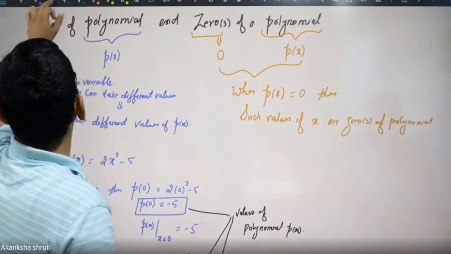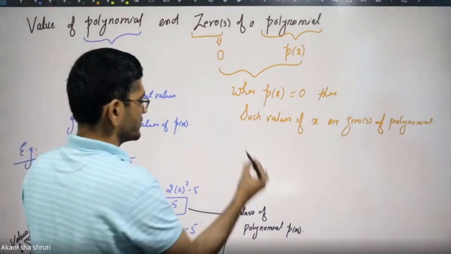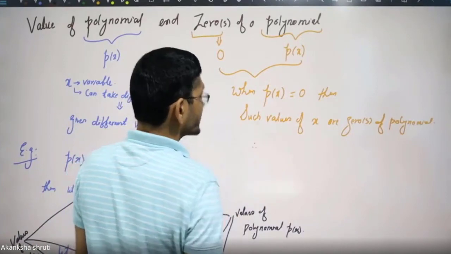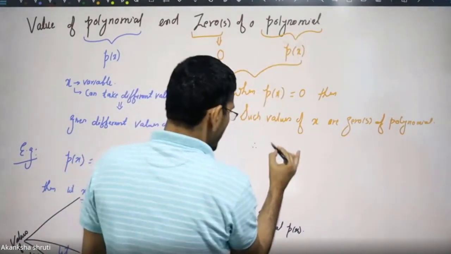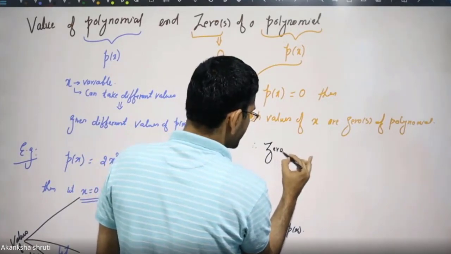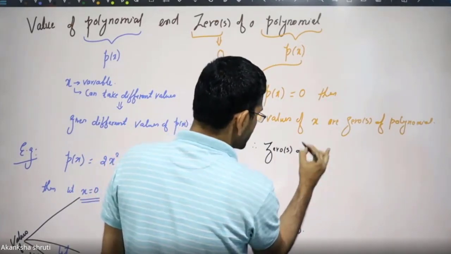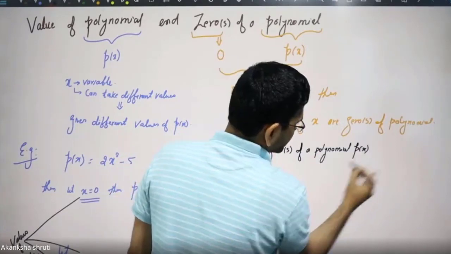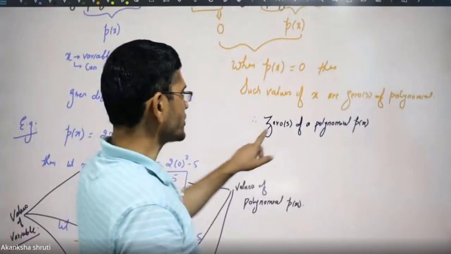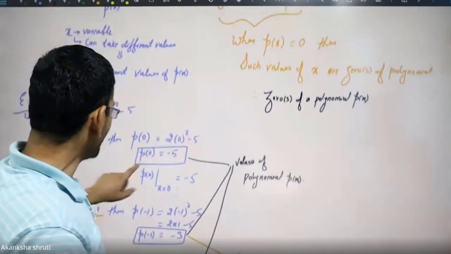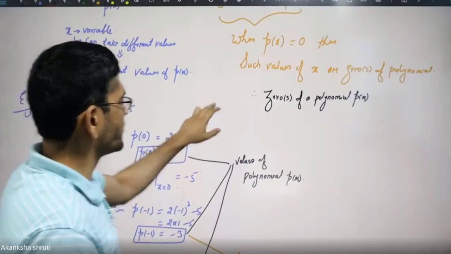So write down the definition now. Zeros of polynomial. Zero or zeros of a polynomial p(x). Keep in mind, zeros of polynomial is not the value of polynomial. Those are the values of polynomial.